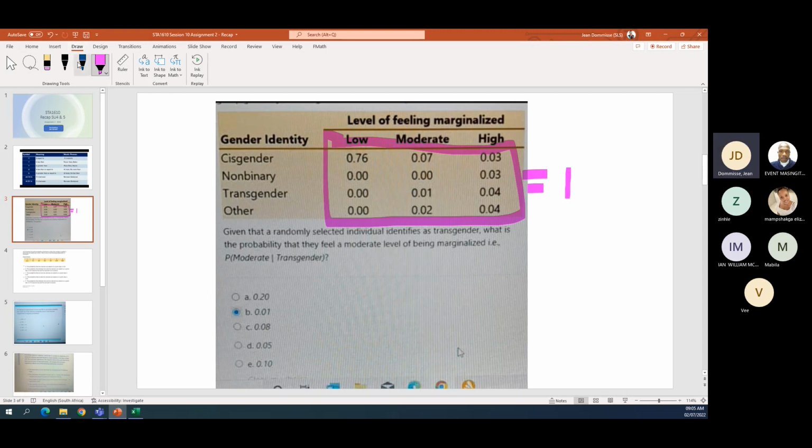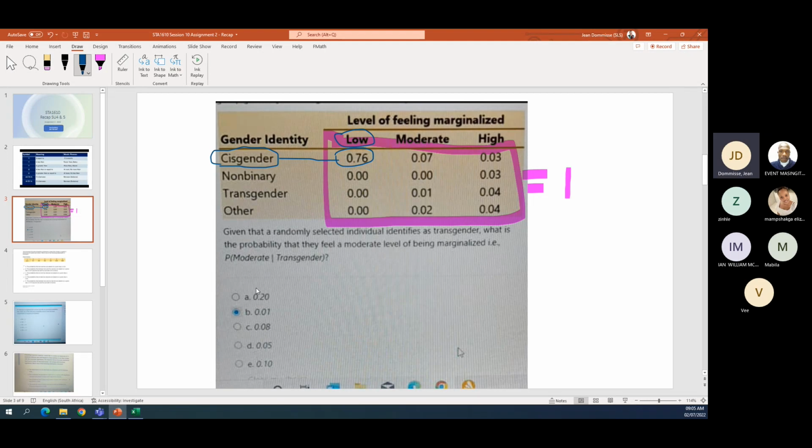So if I would have asked you what's the probability of, let's say, C is gender and low, what is the probability that those two will happen? Then it is 0.76. So this is already in a probability table that you can just read off.